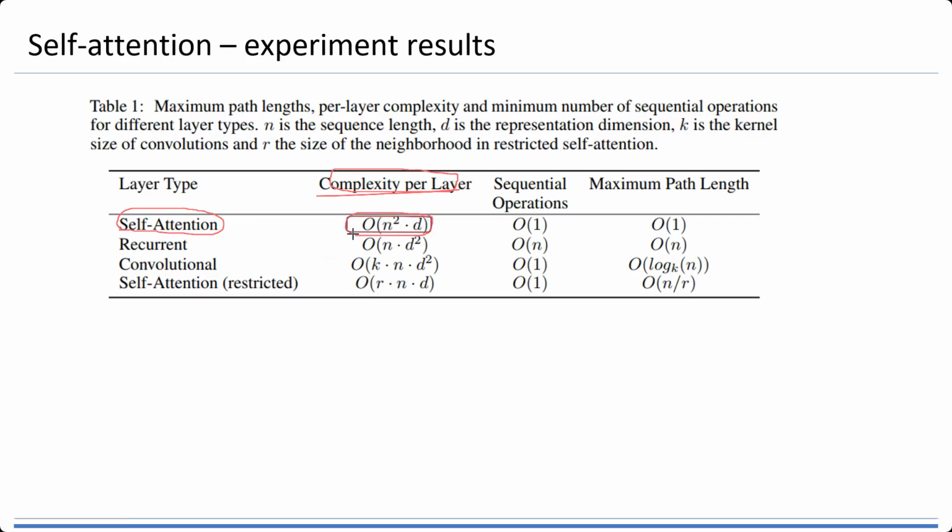Okay. So this is the big O notation. It means if the algorithm runs in n squared, n to the power of 2, then it is quadratic. Then this layer performs very long, or it has a high computational cost.